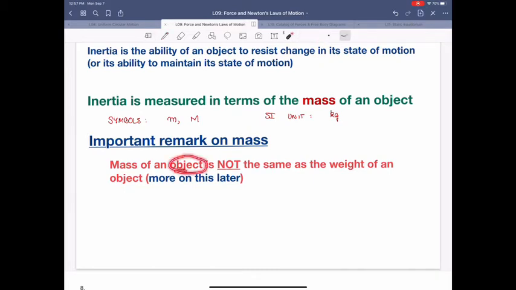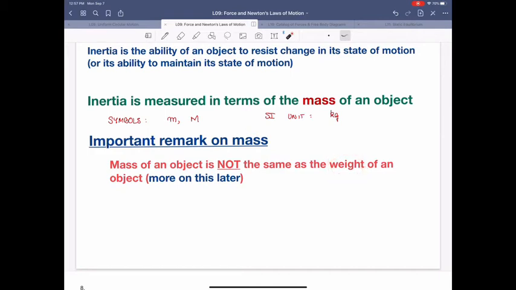In everyday usage, we use mass and weight interchangeably, but in physics, these are distinct and different concepts. Mass is a measure of the inertia of the object, while weight in physics is a force.